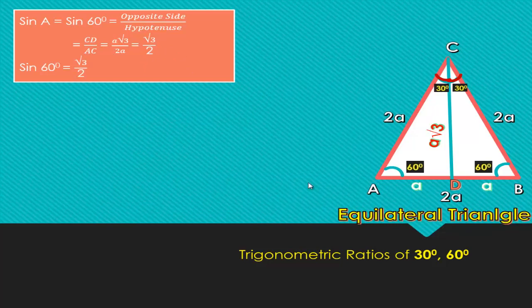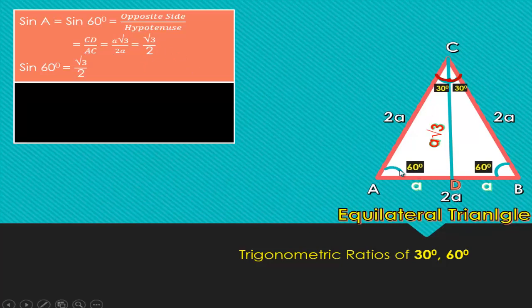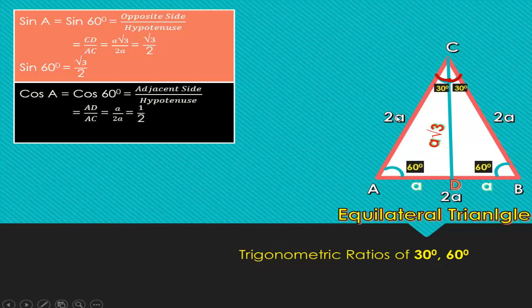And cos 60. Cos 60 equal to adjacent side by hypotenuse. That is AD by AC. AD by AC means A by 2A. A gets cancelled. That is 1 by 2. That is cos 60 equal to 1 by 2. And tan 60.